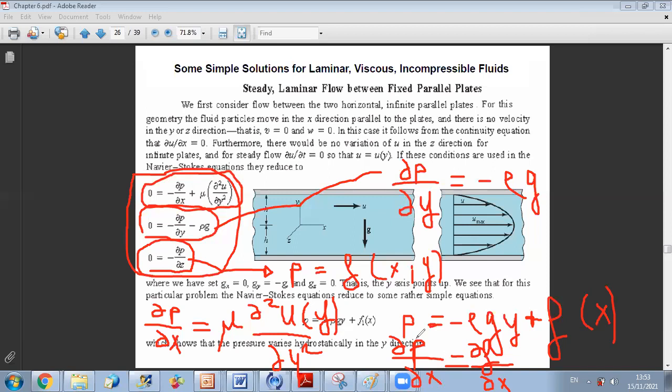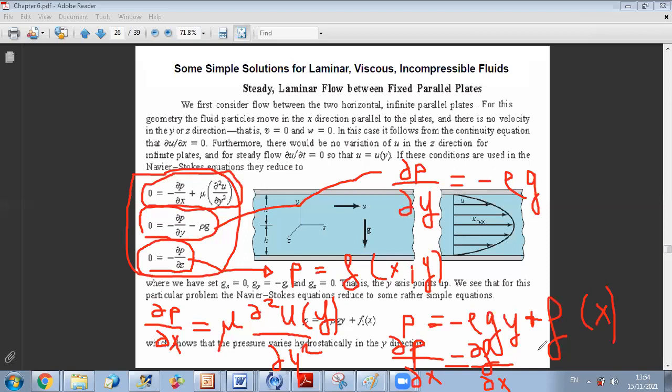This means that del p by del x is a function of x. So what is the only possibility that satisfies these two conditions? Can I have at the same time a function only of x or only of y? What should be del p by del x? It should be a constant.